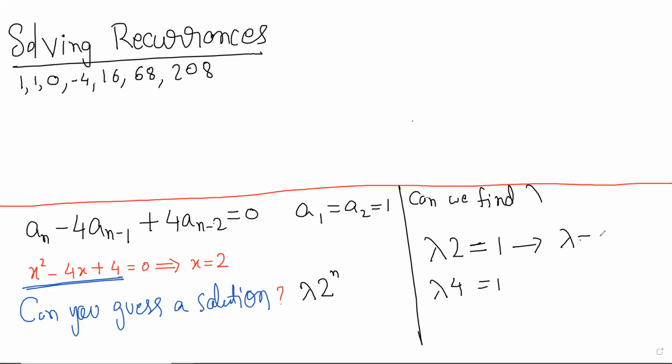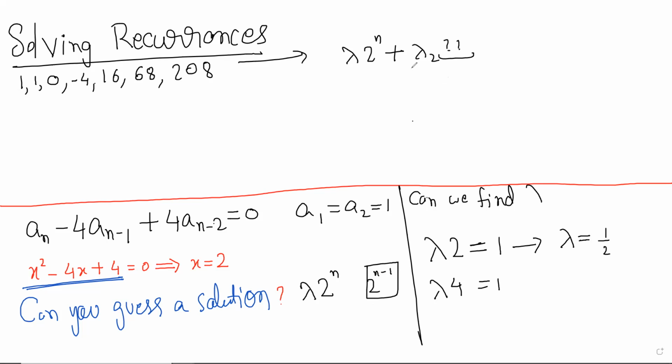If lambda equal to half is a candidate, then one kind of solution here would look like 2 to the n minus 1. So why don't we subtract this from these terms? Because this solution will be like lambda times 2 to the n plus some other lambda 2 times something, which we don't know.